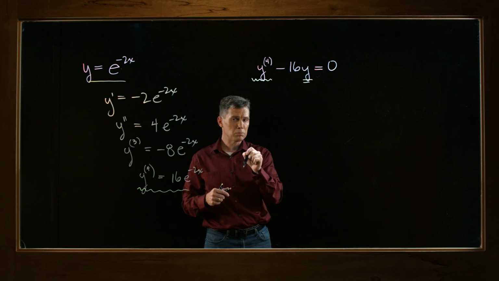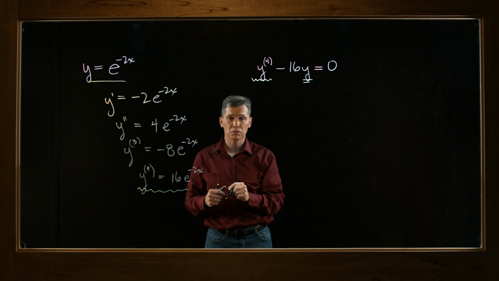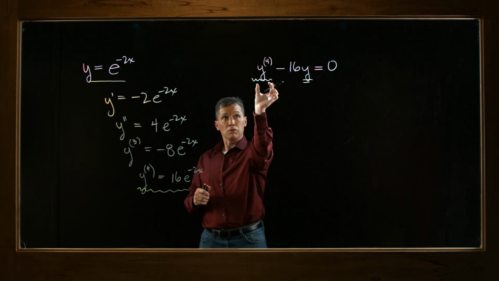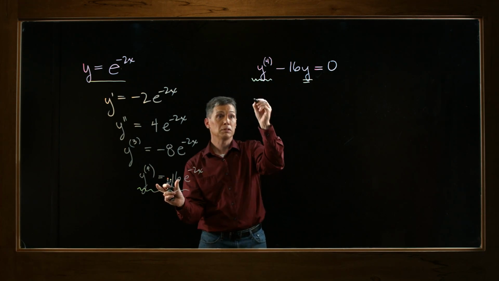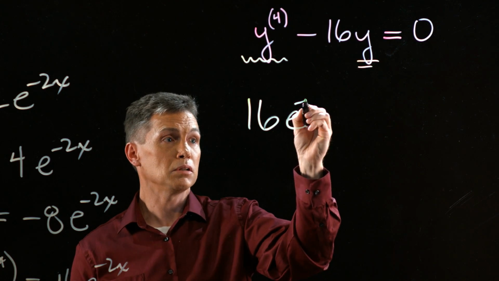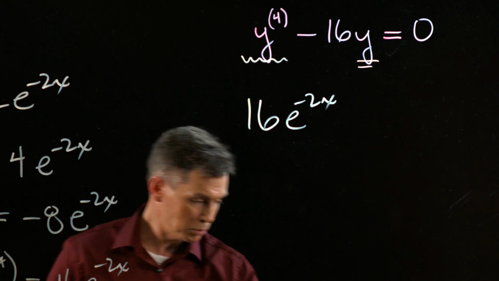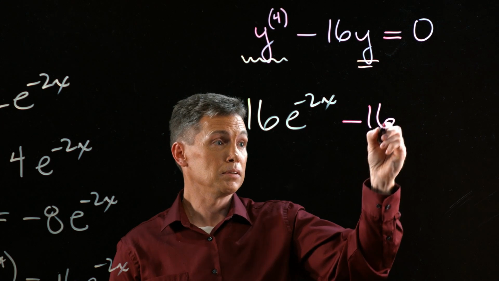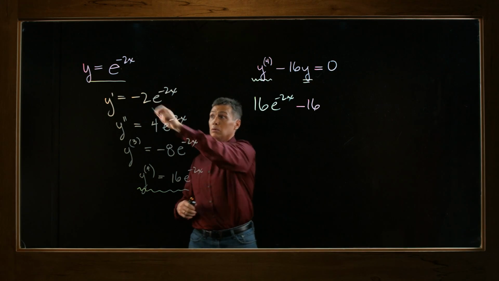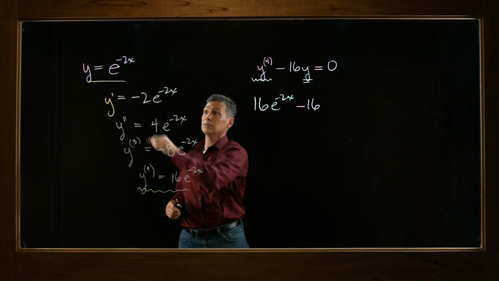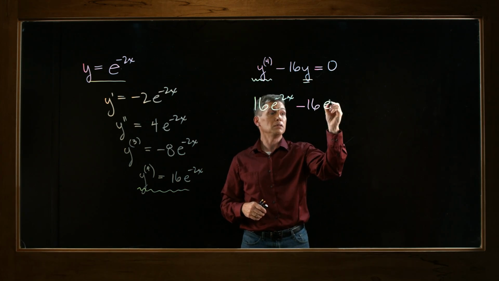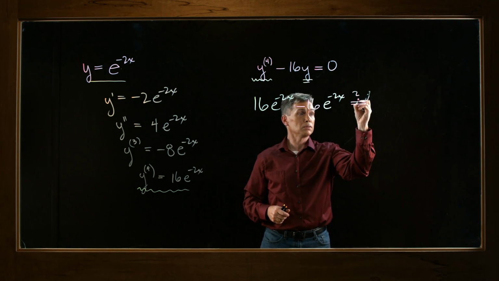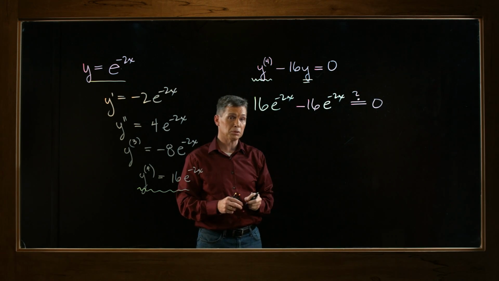So let's do that, remembering that we're trying to see if that function is a solution. When we plug stuff in, we're trying to see if the equation holds true. That fourth derivative of y, which I have underlined in green, was 16e to the minus 2x. Back to the original pink, we had a minus sign, we had a 16, and then y was equal to e raised to the minus 2x, what they gave us, and we're wondering if that does equal 0 in the original equation.